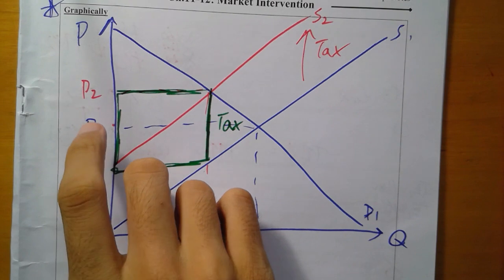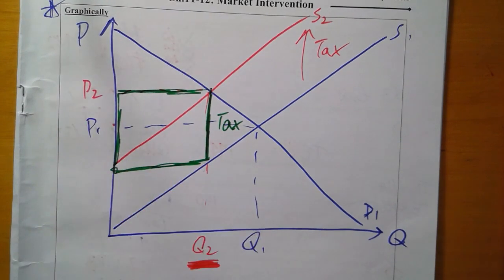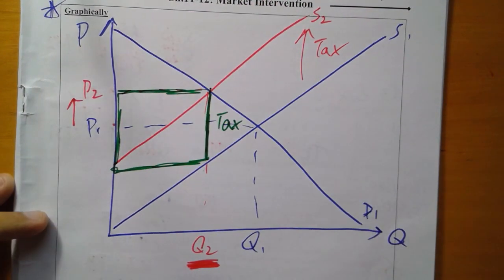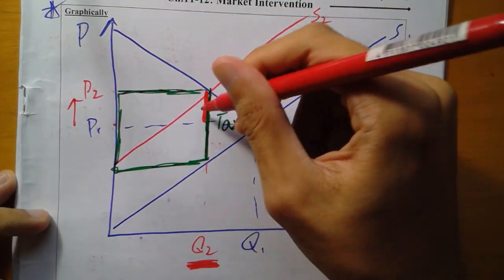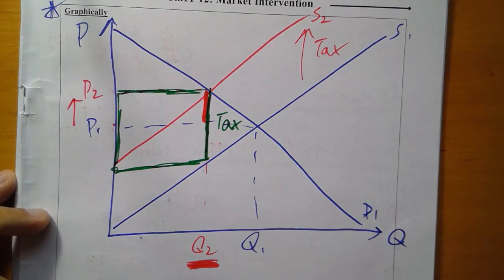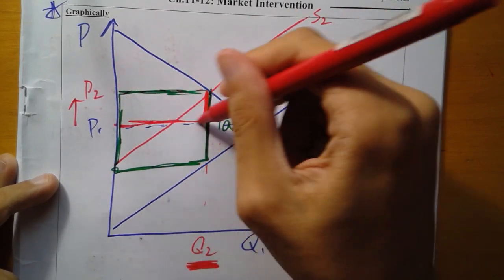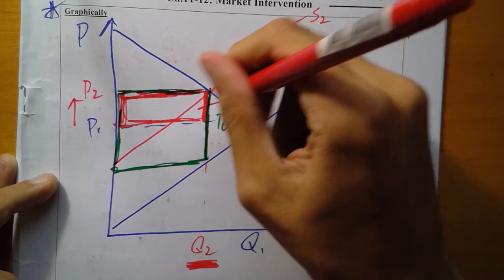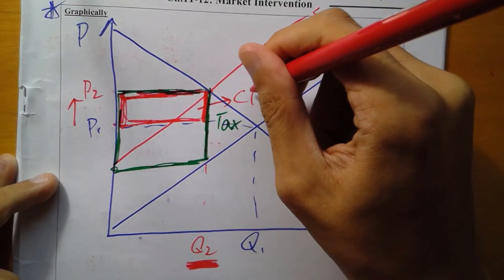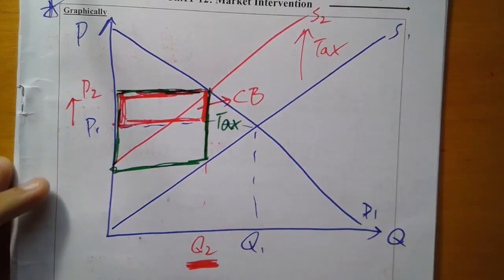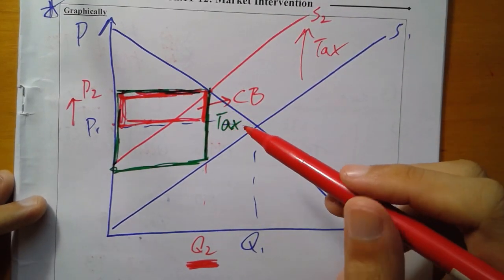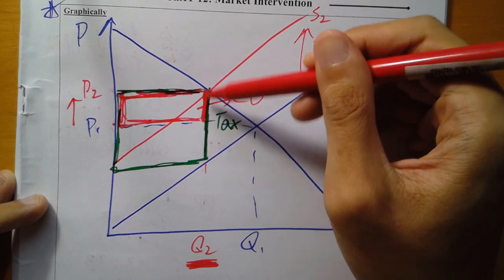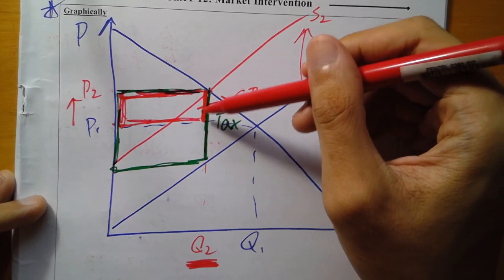Now, why I ask you to mark these two is very important. Look at the increase in price, this part. Who suffers? Things become more expensive, who suffers? Of course, this part. This red rectangle would be our consumer tax burden, the upper part, because things become more expensive for them, they are suffering, right?